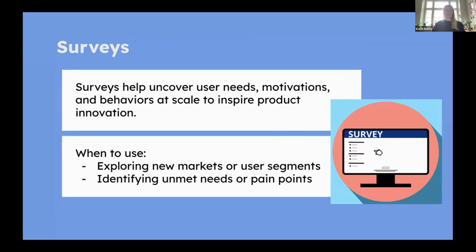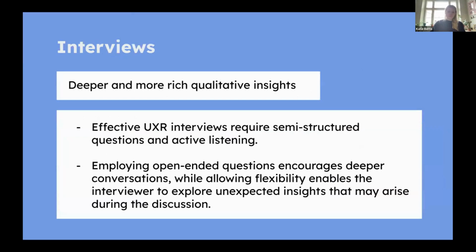I would use this when you're exploring new markets and user segments, which is exactly what you're trying to do here. But you can also use it to identify the unmet needs and pain points of your current users. If you want to approach this complexity in design, when you're distributing the survey, you can try to consider your existing users as well, but mostly with a focus on the new.